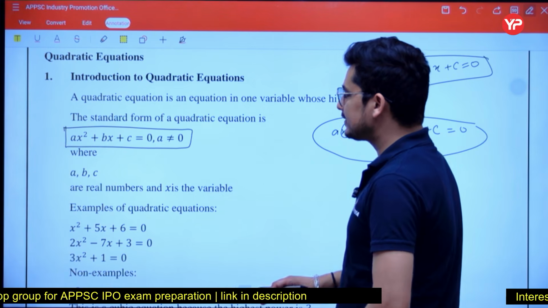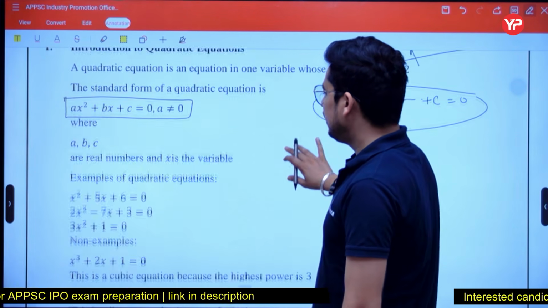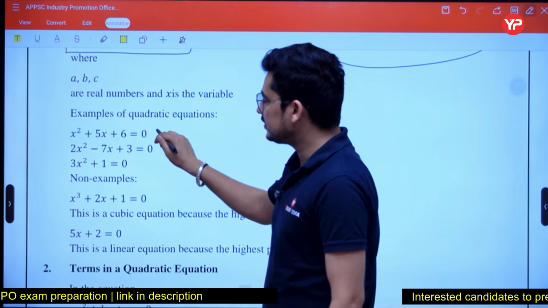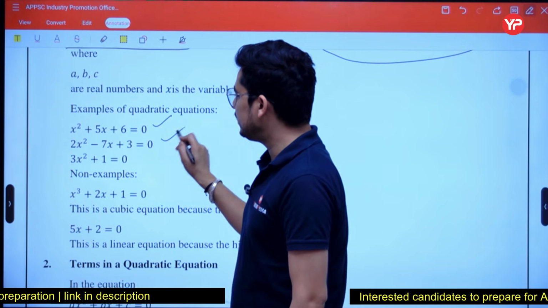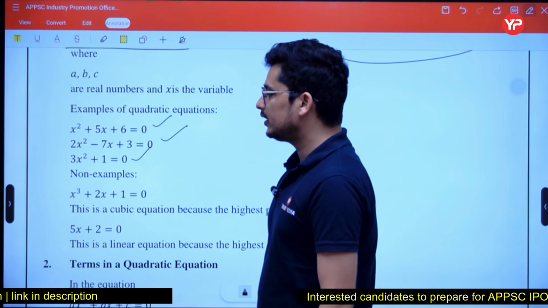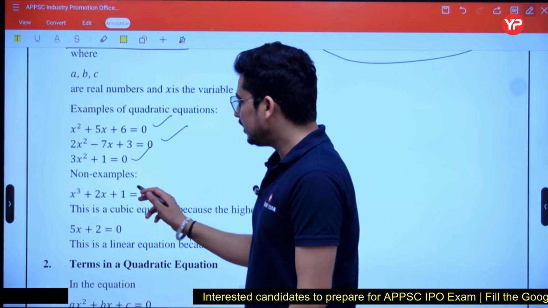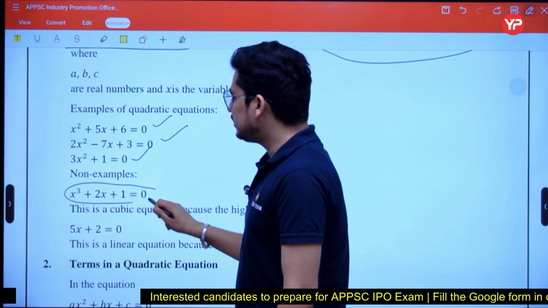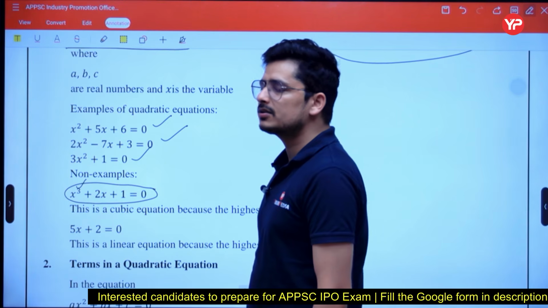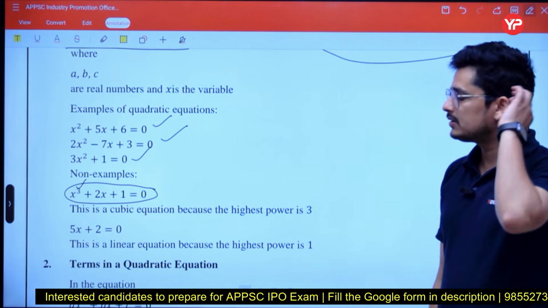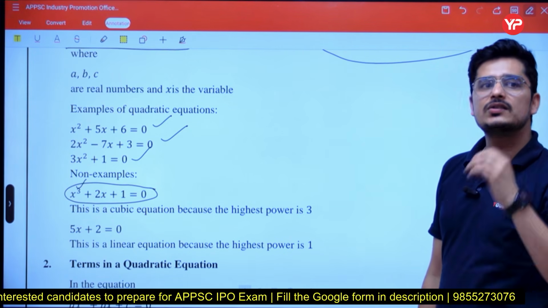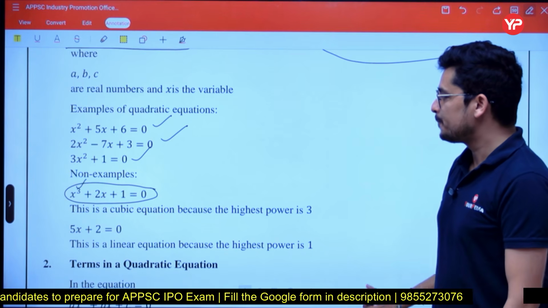Now, some examples of quadratic equations. This is a quadratic equation. This is also a quadratic equation. This is also a quadratic equation. Inside these, the highest power of x is x square. Now, if I check this equation here, the highest power of x is 3, so this is not a quadratic equation. This is a cubic equation, right?